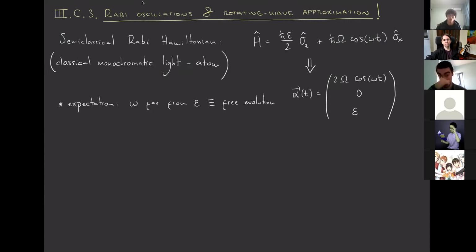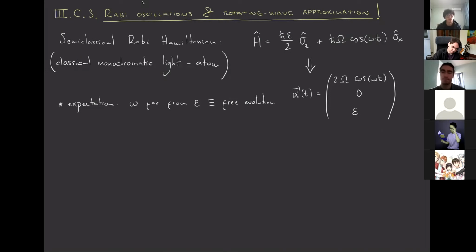This is the first expectation. And this is where we are going to prove mathematically that if the frequency of the radiation is not close to the transition between the ground and the excited state, and we will define what close exactly means, then it's like we are doing nothing. It's like the atom doesn't see the external light field.